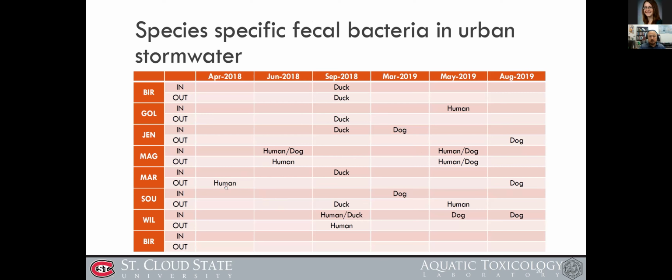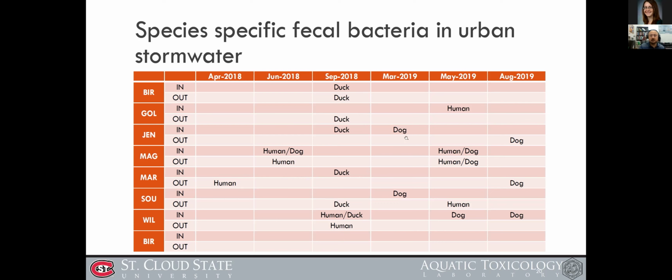You can see that we found some human-specific contamination at different sites and in different seasons. This might be potential contamination from the switch system, or some leakage or overflow. We don't know, but there is some potential contamination here.